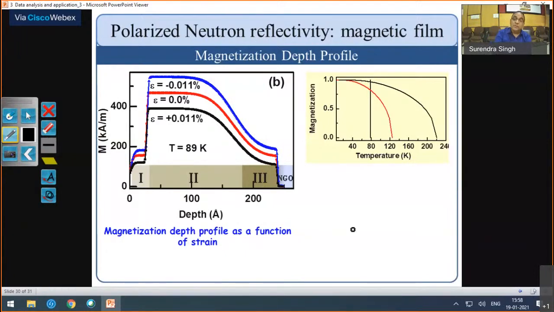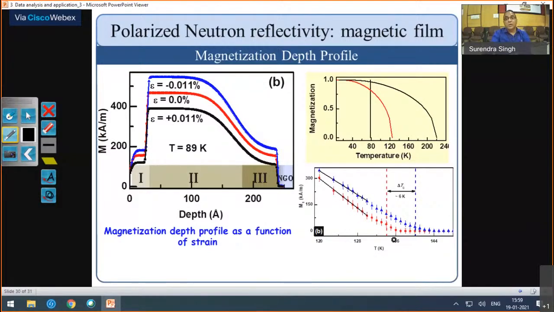Later on we did this experiment and found that TC has increased by 6 K when we applied a compressive strain of 0.011%. This is very small, and this is purely a bending strain. So this clearly says that there is a strain field which influences the magnetic and electronic properties of these films, and this we have got only from these PNR measurements.